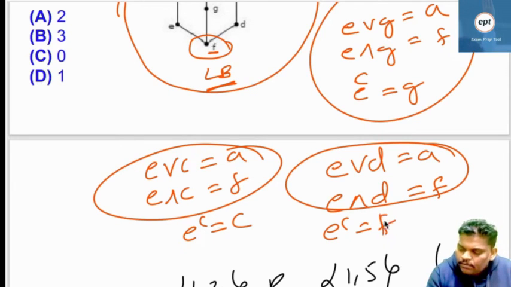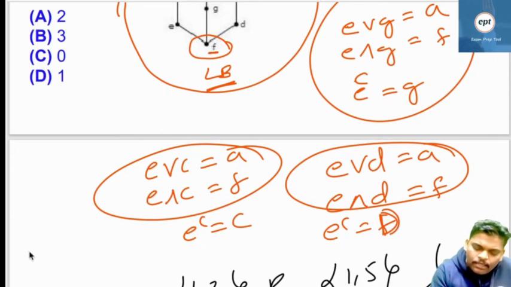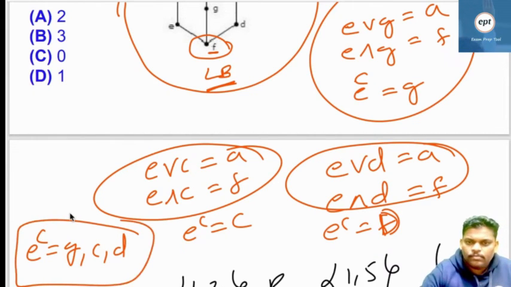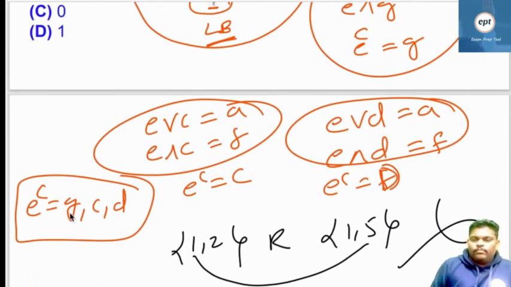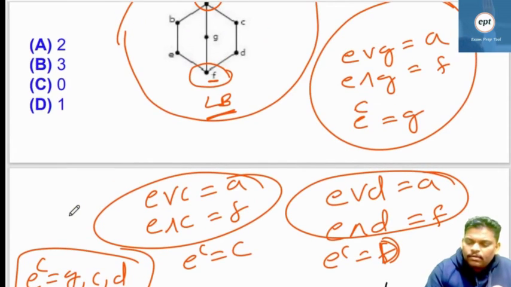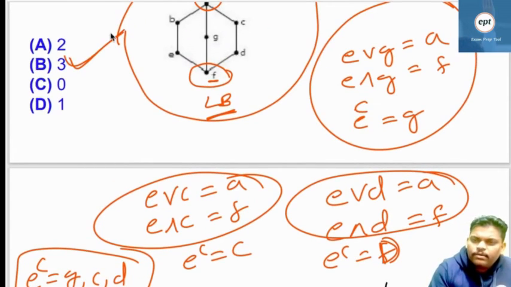So finally, E's complements are G, C and D. So three complements are there. Is it okay? Everyone knows how to find the complement.